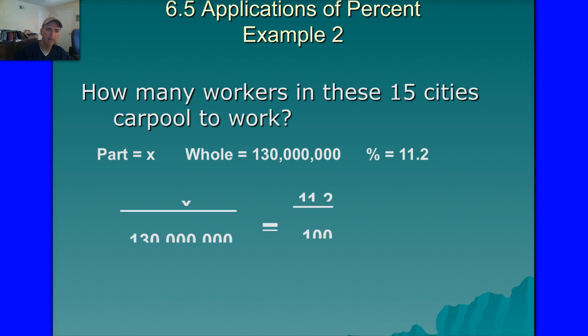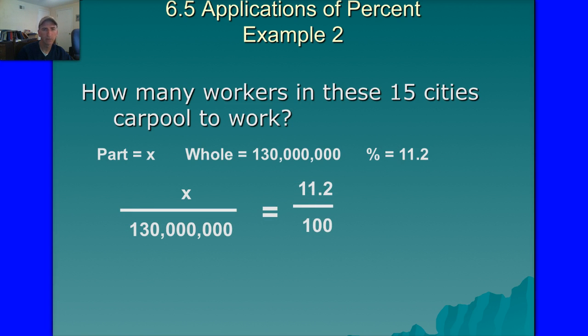So if you take that value and set it up, you just put the 11.2% over 100, like that. Crisscross and solve it, and you should come out with that number right there, about 14.5 million people carpool to work. So that should wrap up 6.5, and we will get it going again here with percent of change soon. Thanks.